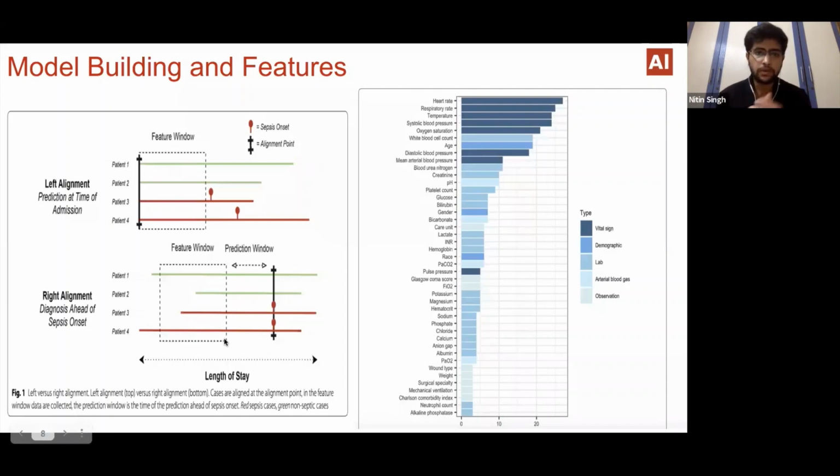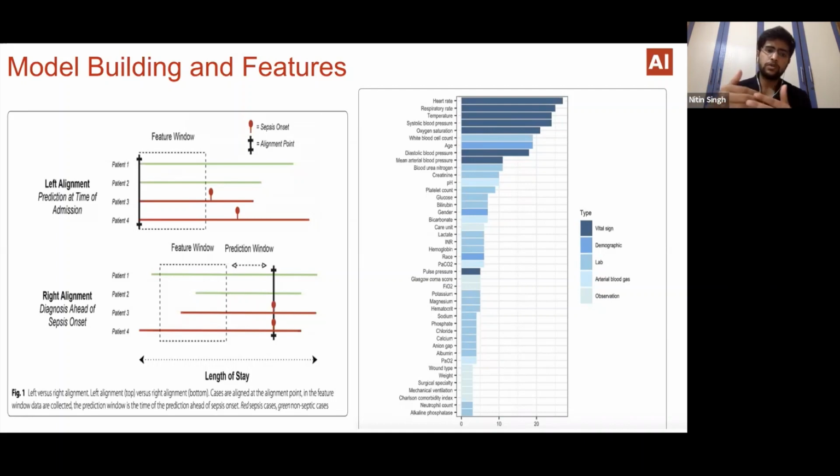Now on the left hand side, there are basically two different pictures out here. The left hand side is about the timing. What sort of timing is important? As mentioned in the previous slide, like T+4, T+6, how exactly you understand where to run the model, and up to what level you capture the features, and from there up to what level you want to understand the prediction.